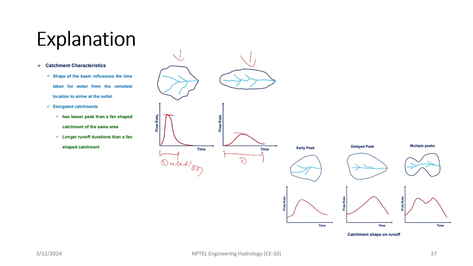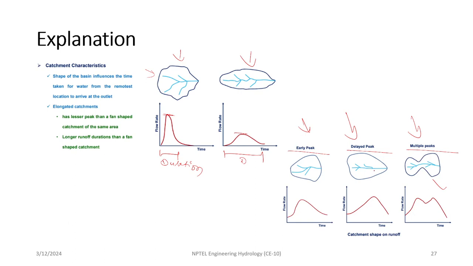Here in the case of nearly circular, we are observing the high peak. Then some more conditions are mentioned for your information, for what case we can have an early peak, a delayed peak, or multiple peaks, and this kind of flow graph you may be getting.